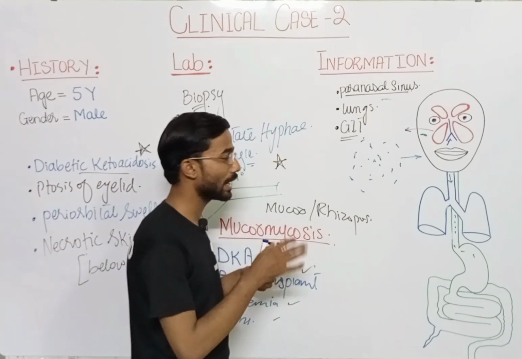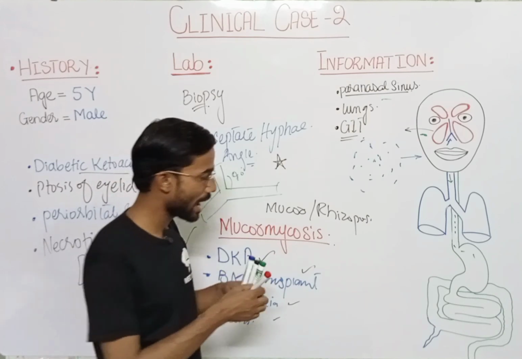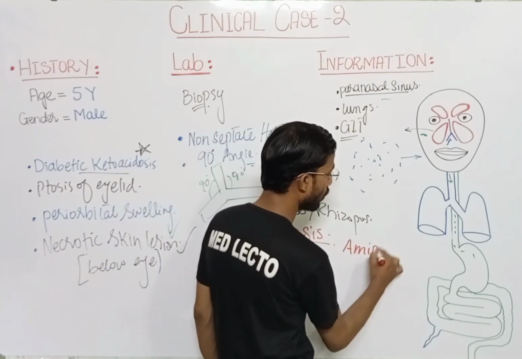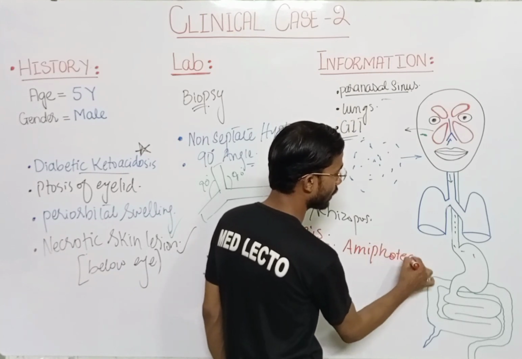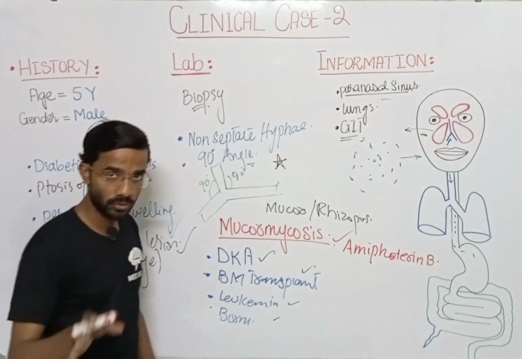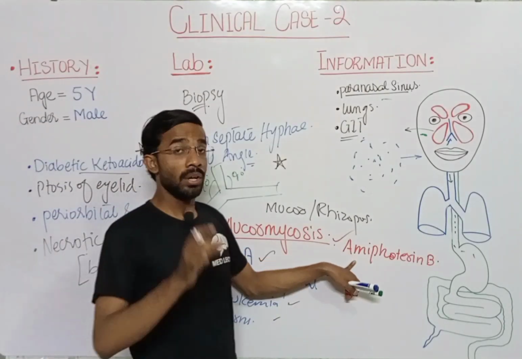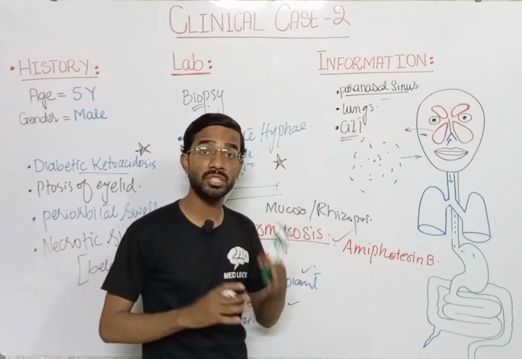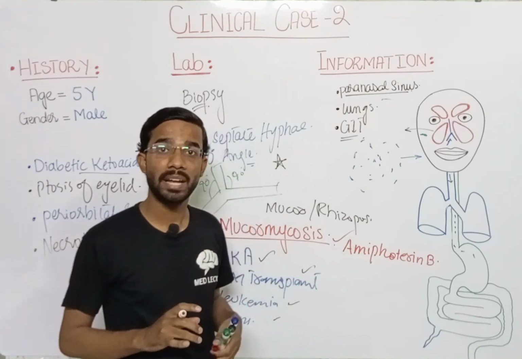First, it is a fungal disease, and if I say the important treatment, you can use Amphotericin B, and you can also go for surgery. From the surgical process, you can remove the necrotic tissue.